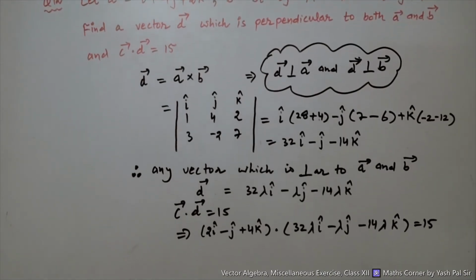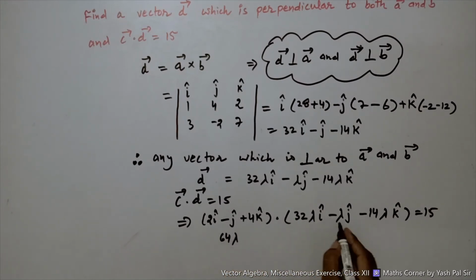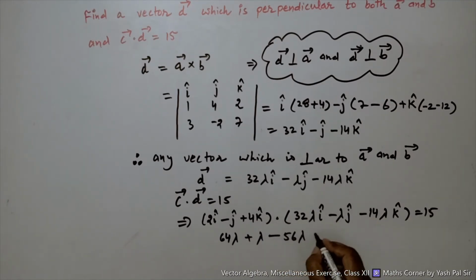So here we have 2 into 32, 64, coefficient of i dot i is 1, so 64 lambda. Next is plus lambda, minus 1 into minus 1, plus 1 lambda, minus 4 into 14, 56 lambda is equal to 15.